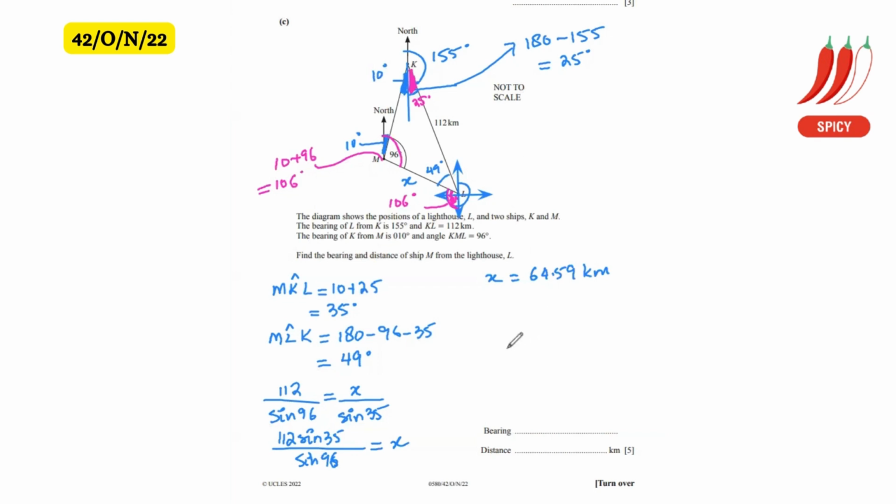So for the bearing, we'll do 180, which is this blue angle, plus 106, and that gives us 286 degrees. That is your bearing. So 286 is the bearing and 64.59 is your distance. That's your answer.